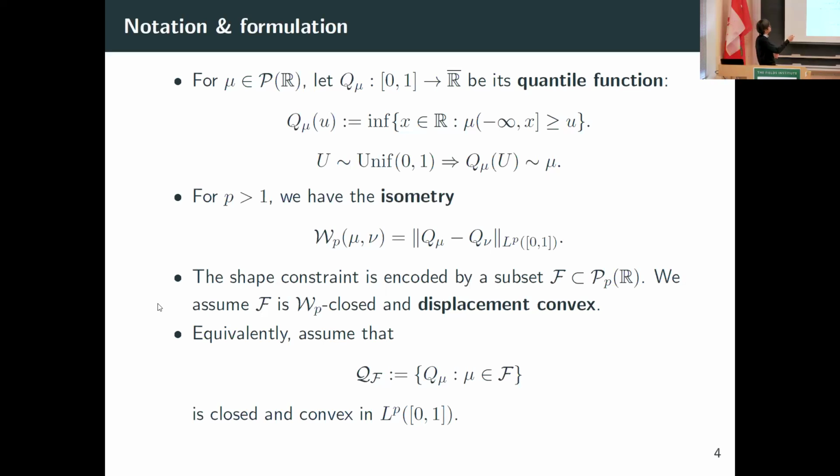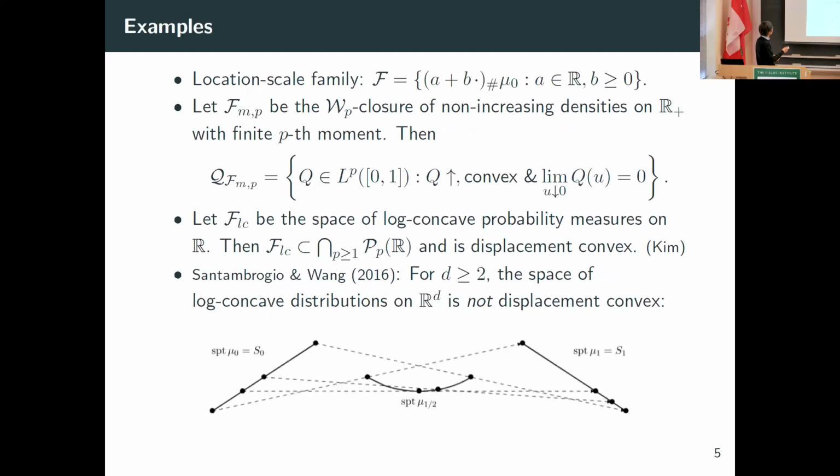Because we have this isometry, this is equivalent to saying that if you consider the space of quantile functions of the measures in that F set, then this set is simply a closed and convex subset in LP. Okay, so this is very concrete. Here are a few examples.